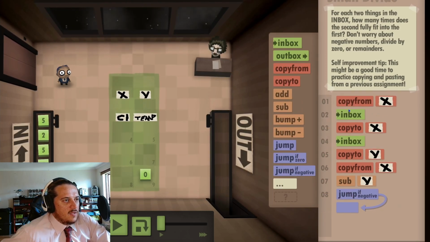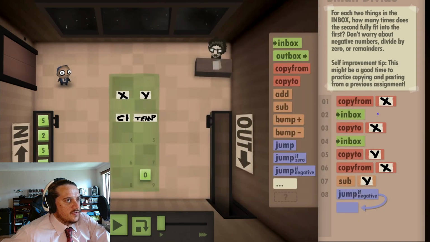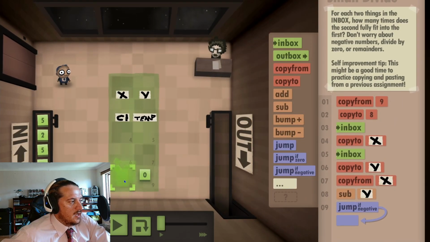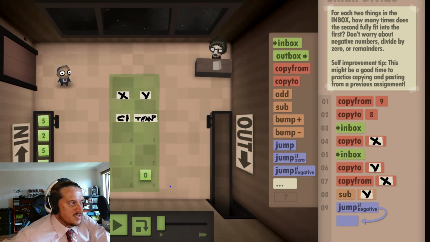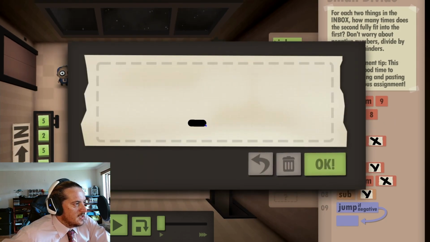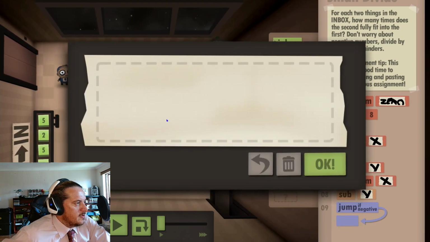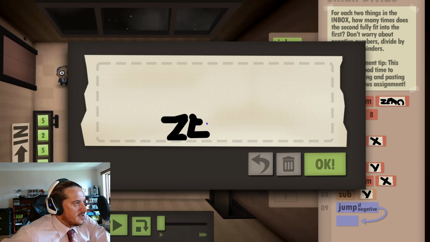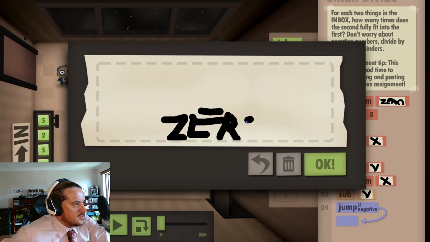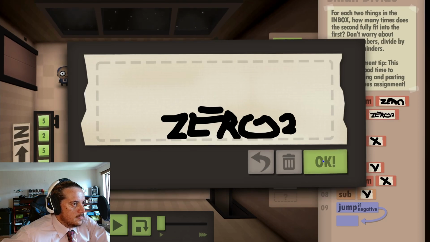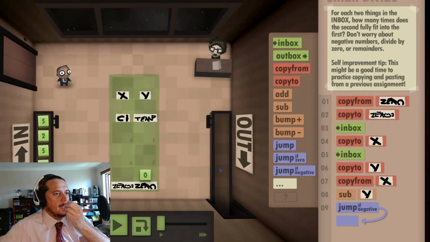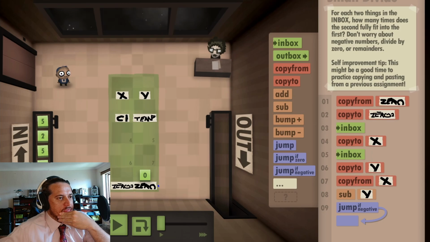Okay, wait, we need to copy from U first. Copy two, I need 2 zeros, exactly. I need 1 0, I need another 0. So this is 0. Difficult to write with a thick pokey like that. And that's 0, 2. Okay, so now I'm going to have 0 and 0, 2.